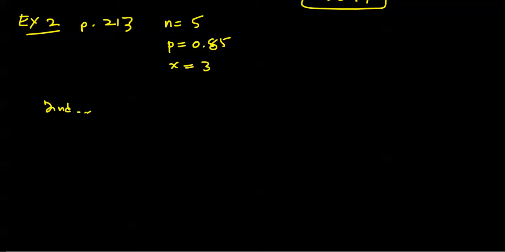Hit your second button on your calculator, your vars button to get to the distribution submenu. Call up Binomial PDF. You'll have to scroll down. Again, in my calculator, it's function address 0. Your function address may vary depending on which calculator model you have. In any case, find Binomial PDF, highlight it, and hit enter.